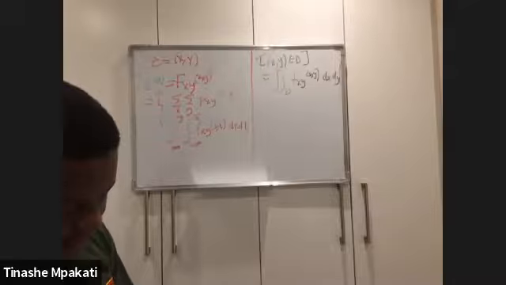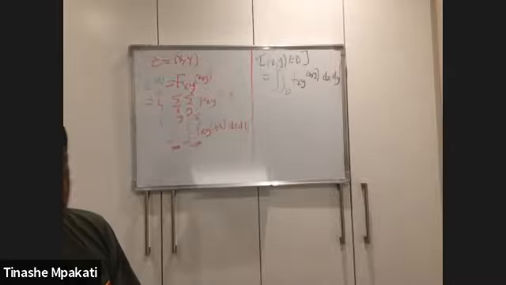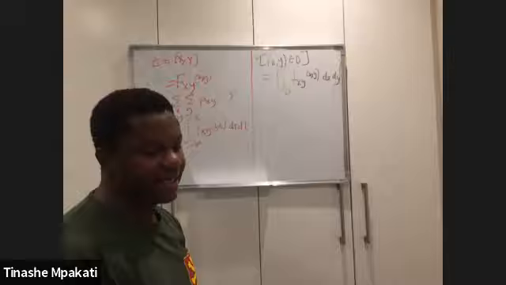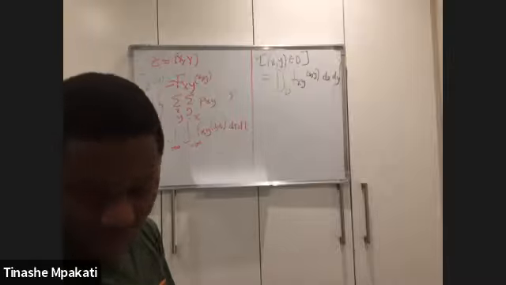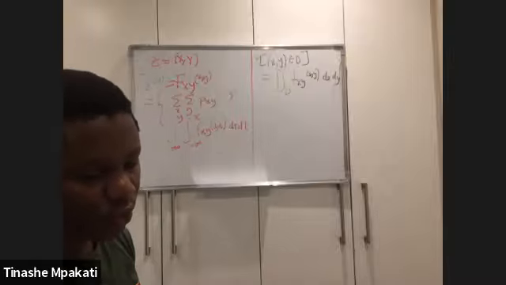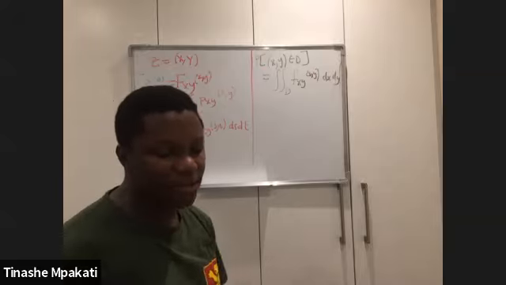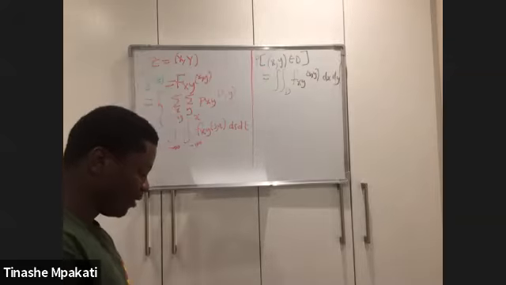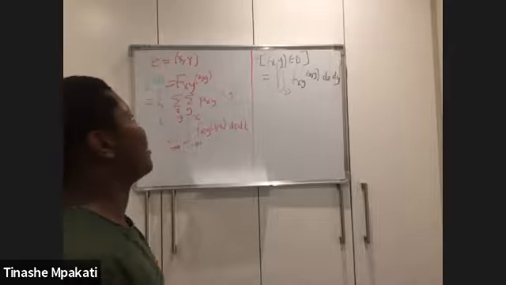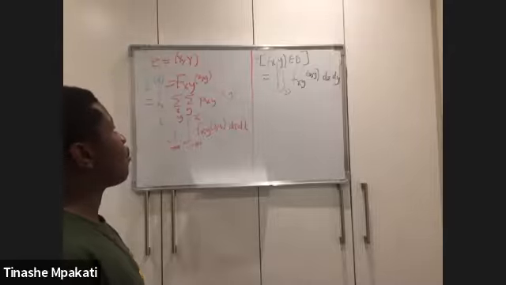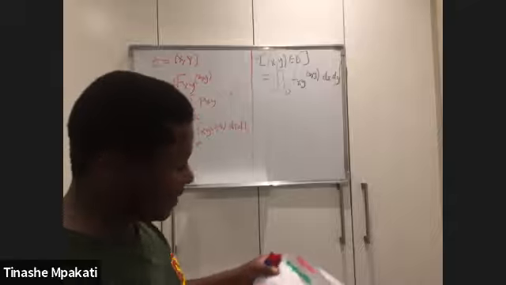Then the next thing that we know is that as much as we have the random vector z with x and y, there are cases where we're more interested in what x is on its own or y is on its own. So we need to be able to extract information about x or information about y from that vector that we have, z.